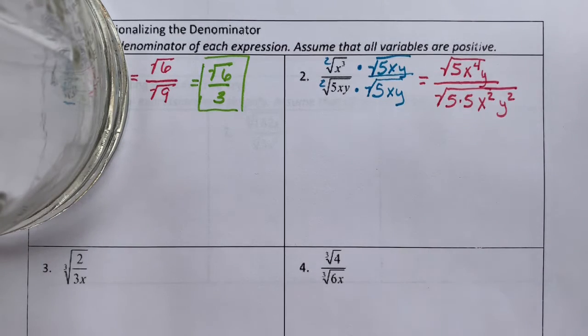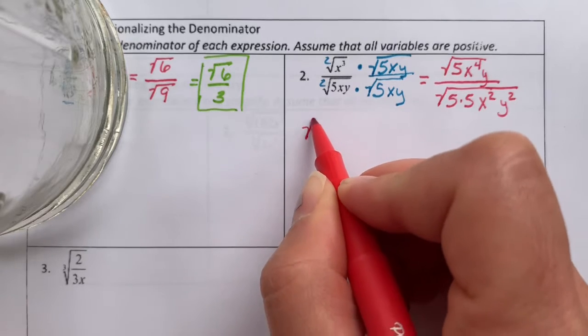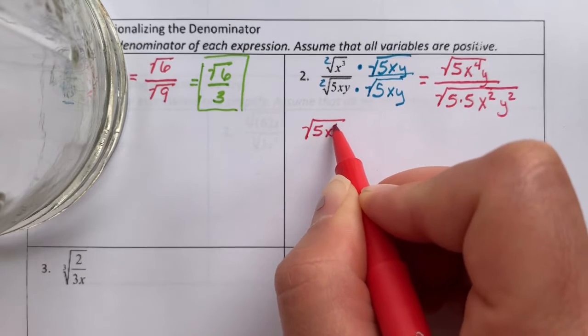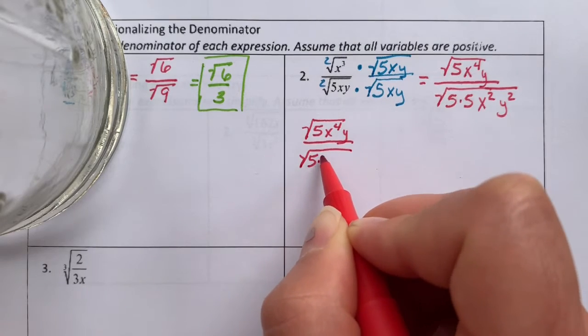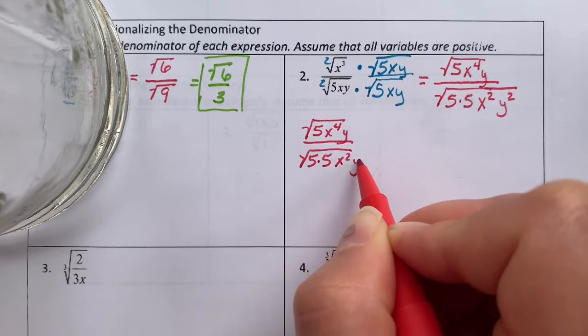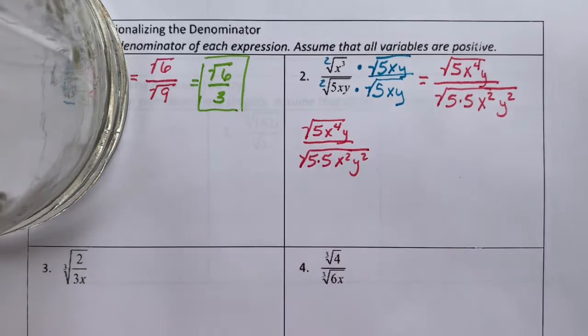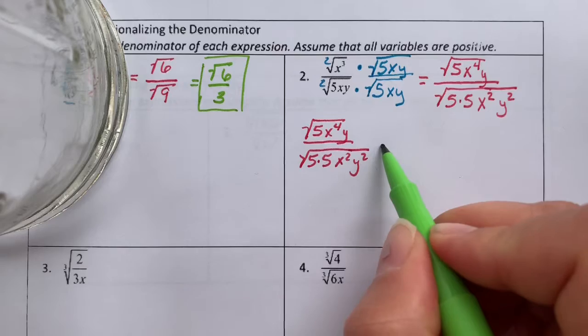Now, one more thing that I have to do is I have to simplify. I'm going to rewrite this down here so that we can see what I'm doing. All I'm doing is rewriting this. I'm not doing anything else. So in order to simplify this, I'm going to rewrite this.